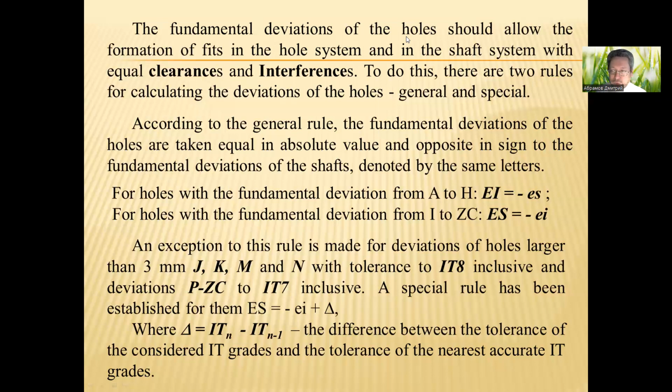A special rule has been established for them, and big ES is equal to minus small ei plus delta, where delta is equal to IT grade n minus IT grade n minus 1, the difference between the tolerance of the considered IT grade and the tolerance of the nearest more accurate IT grade.